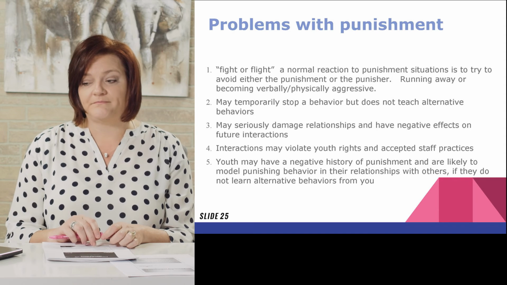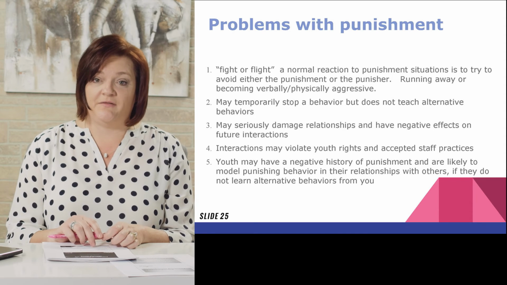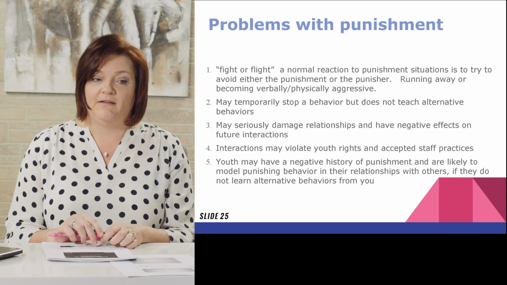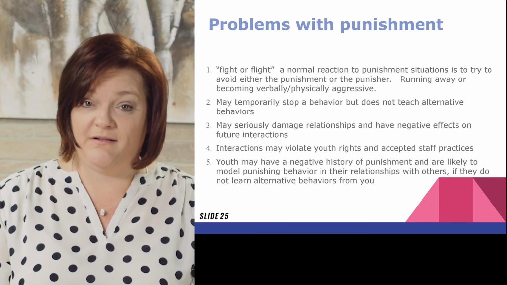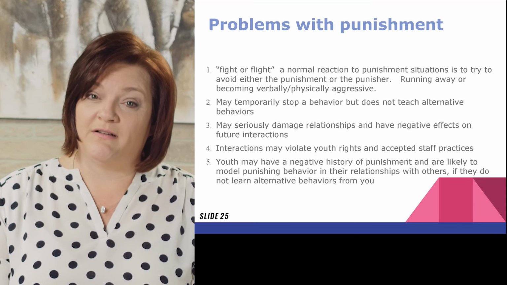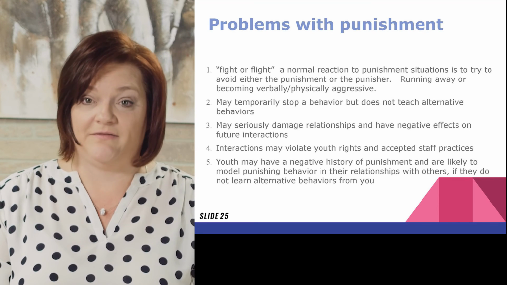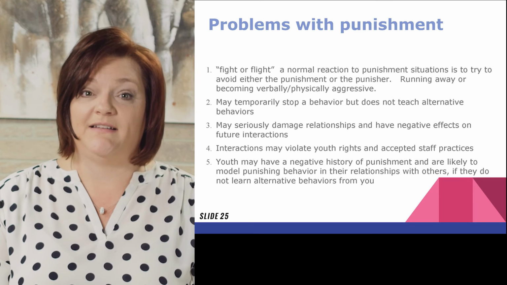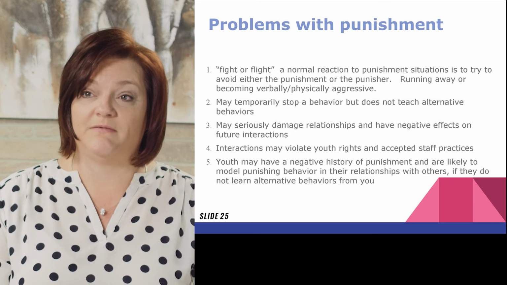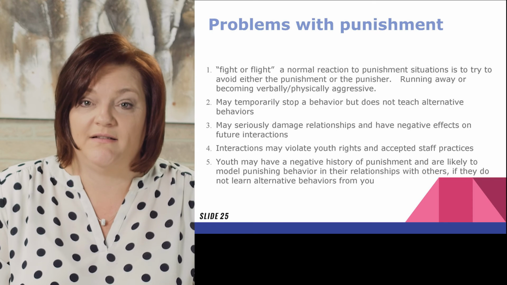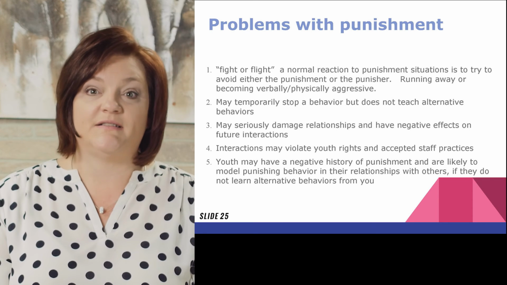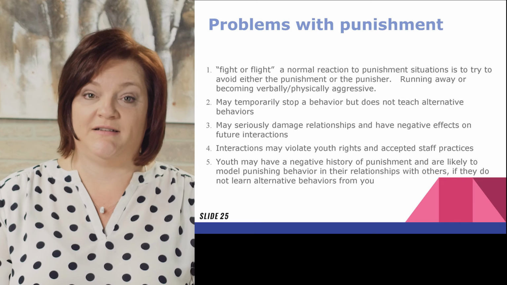All in all, punishment is a violation of youth rights, and it doesn't help us change the children's behavior in a way that's going to be long-lasting and meaningful. It's not a popular notion, but for the adults, punishment can actually seem really effective, because if I yell and my child becomes very quiet, that's positively reinforcing in my mind as an adult.